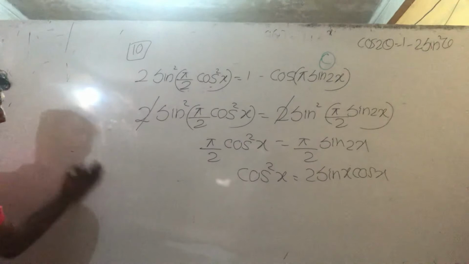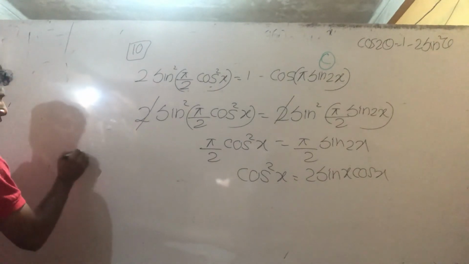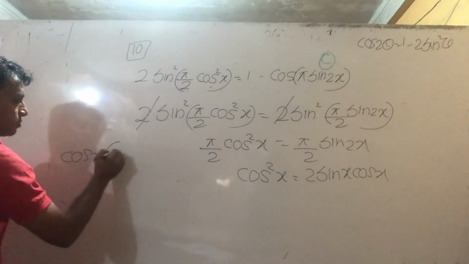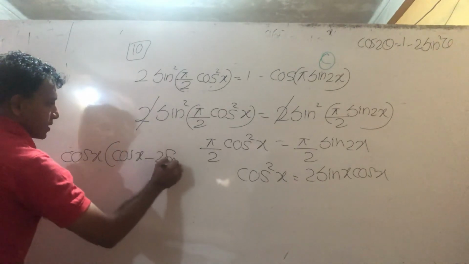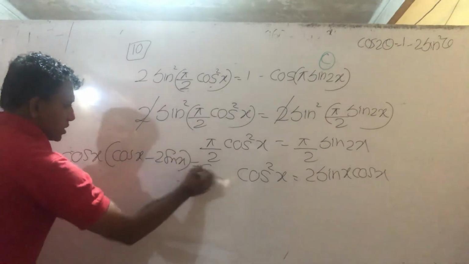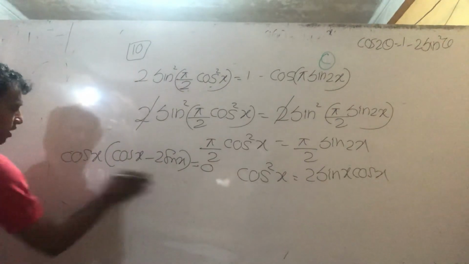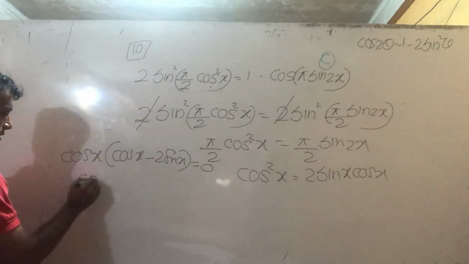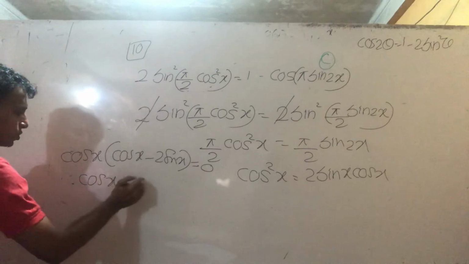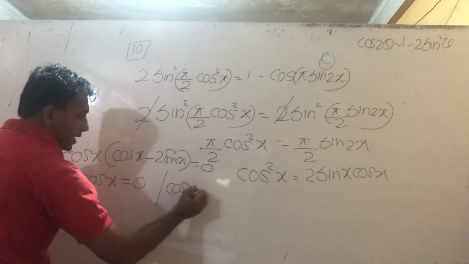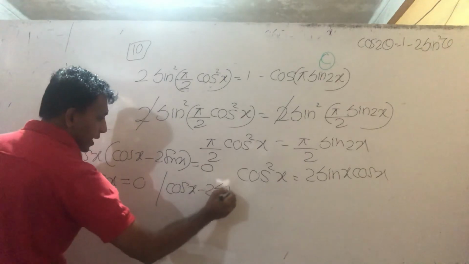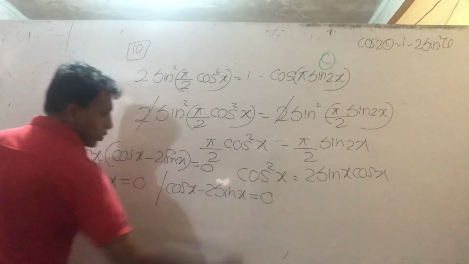Now take the cos x out. It becomes cos x minus 2 sin x. Is it okay? Equal to 0. Therefore, cos x equals 0 or cos x minus 2 sin x equals 0.